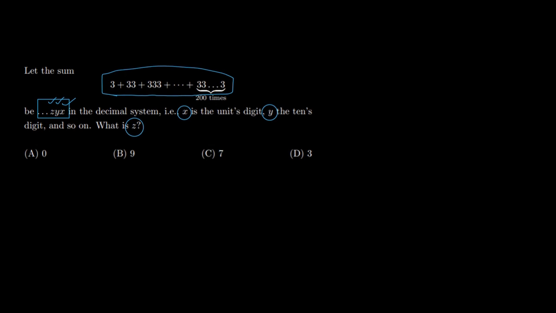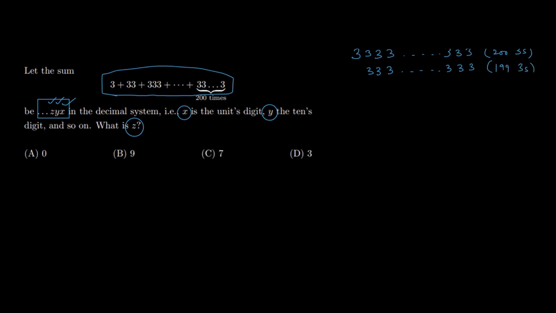Well, the simplest way of doing this is, first consider, this is elementary addition. So first consider the last term, which is 200 threes. Then the next term will be 199 threes.